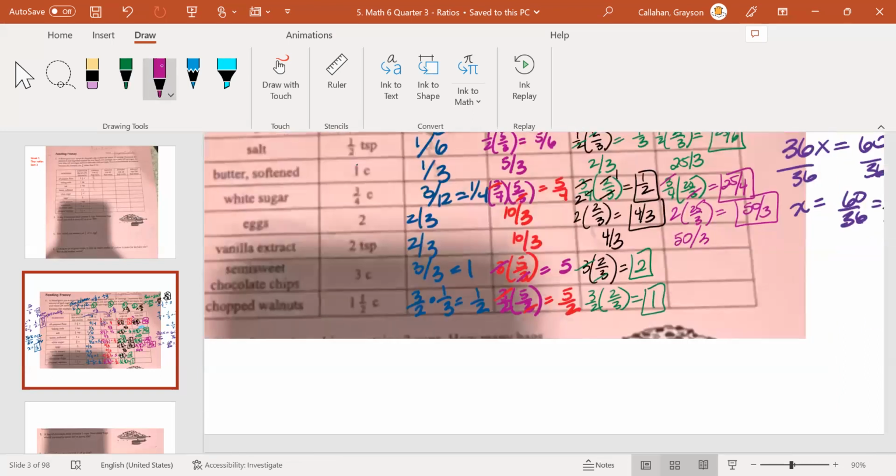It's fine. Although, I don't know, maybe we'll go back and change it a little bit, okay? So then 3 times 25 over 3. Well, this 3 cancels, so you just get 25. Next one is 3/2 times 25 over 3. The 3 cancels, so it's 25 over 2.